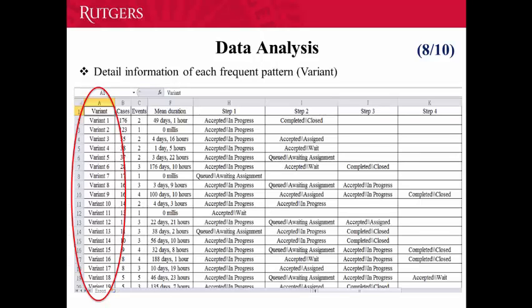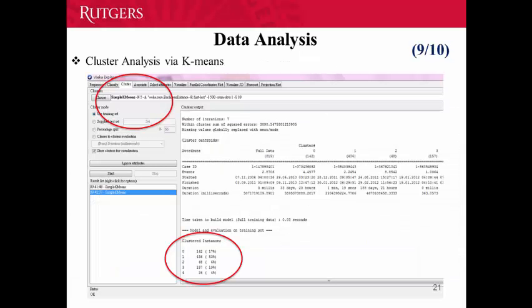And then this can be opened in the spreadsheet so we can know the details more clearly. The left-hand side is the variants, the cases, the events, and the different steps that each variant went through.